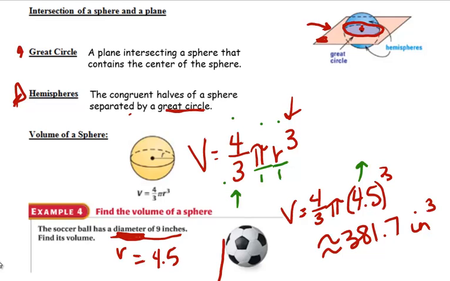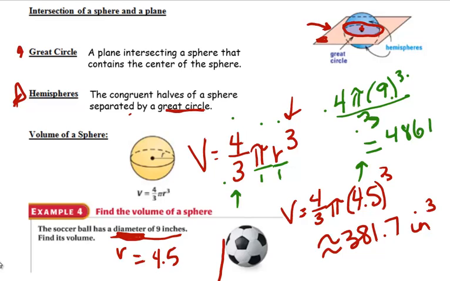On the top, I would have 4 times pi, and times that 9 cubed over 3. Okay, so there's my 4/3 pi r cubed. And so if you were to calculate this to give me an exact value, you would end up with 486 pi inches cubed.